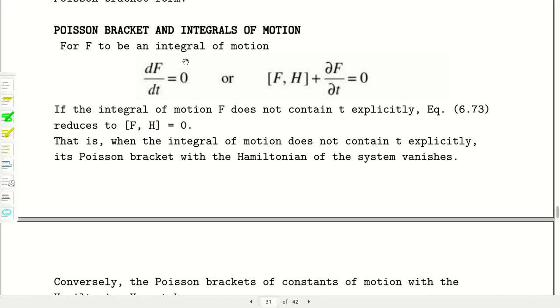So if f is an integral of motion, by definition df/dt is equal to 0, that is a conserved quantity, and it will follow that the Poisson bracket of f comma H is equal to minus ∂f/∂t. And if f doesn't contain the time explicitly, then the Poisson bracket of f comma H is equal to 0, what I have told you in the previous section.